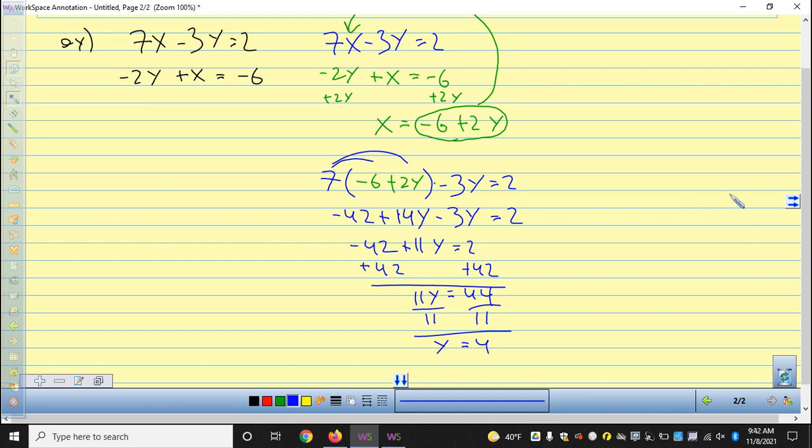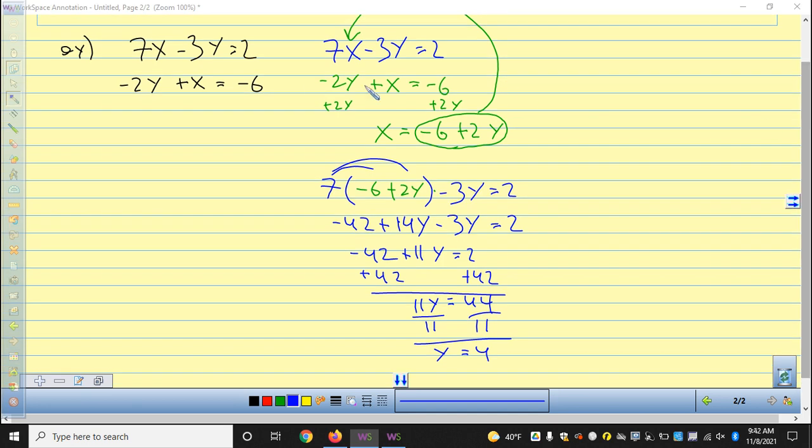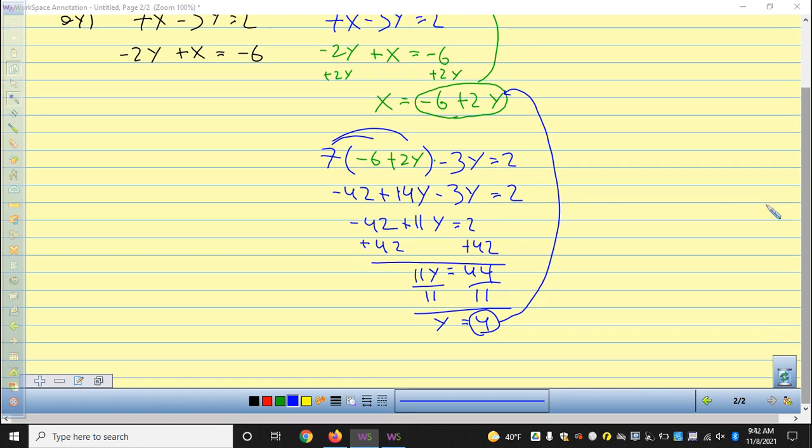And now I can plug this into either equation to get x. I think the easiest here would be to take this y equals 4 and plug it in right there, because I have x equals something there.